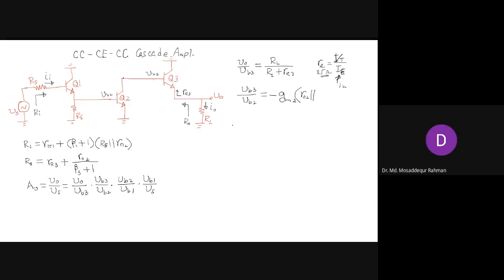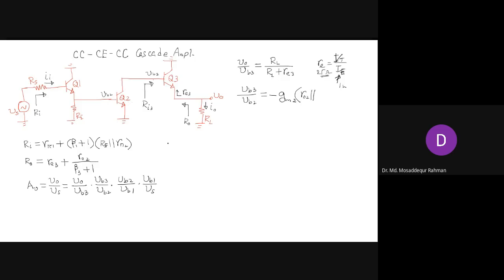The output of the common emitter is connected to the input of Q3, right? Looking into the base of Q3, what is the resistance? Let's call it Ri3. That will be the load resistance for Q2.